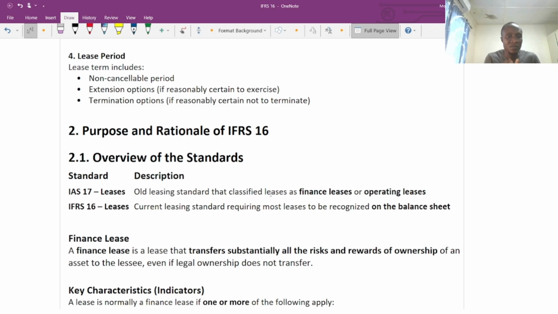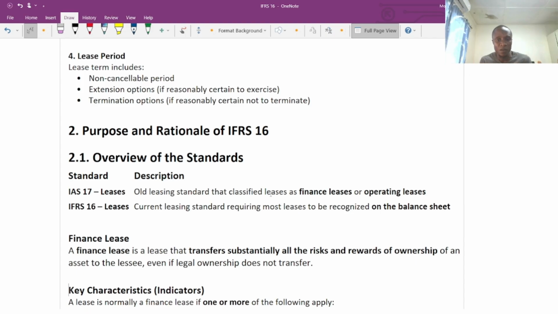So basically, IAS 17 classified a lease transaction as a finance lease or as an operating lease, period. Now we are going to understand the distinction between a finance lease and an operating lease. But according to IAS 17, the lease transaction will be classified as a finance lease or as an operating lease.